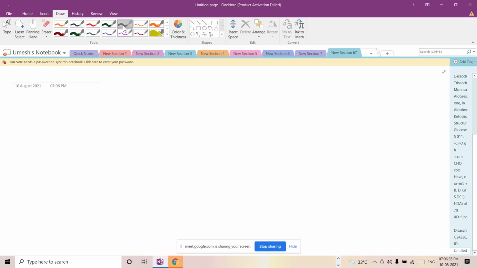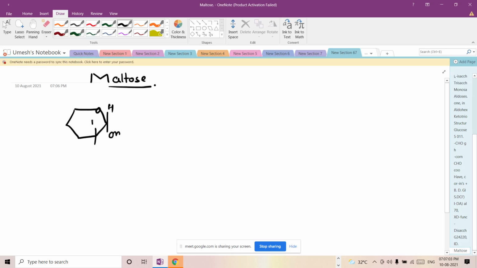Now I'm drawing the structure of maltose. About the maltose, I said the maltose upon hydrolysis gives two molecules of glucose. So now two alpha D glucose units join together like this. Oxygen here. Draw the structure of the first alpha D glucose.